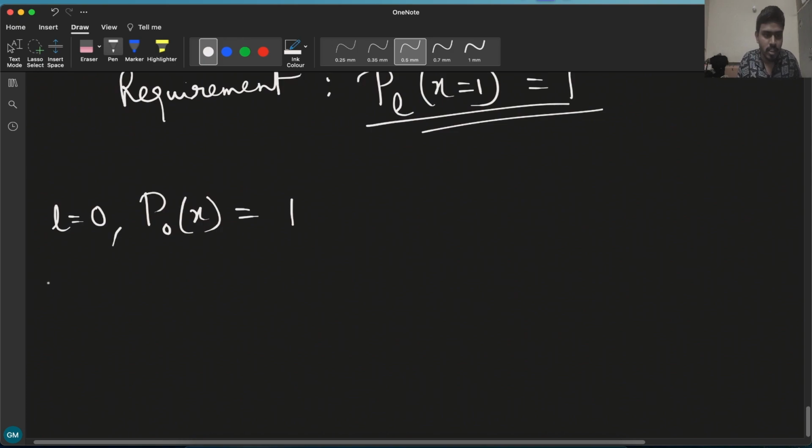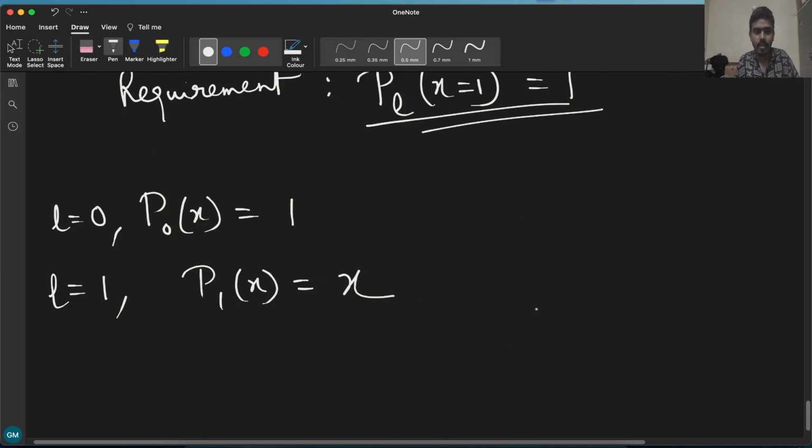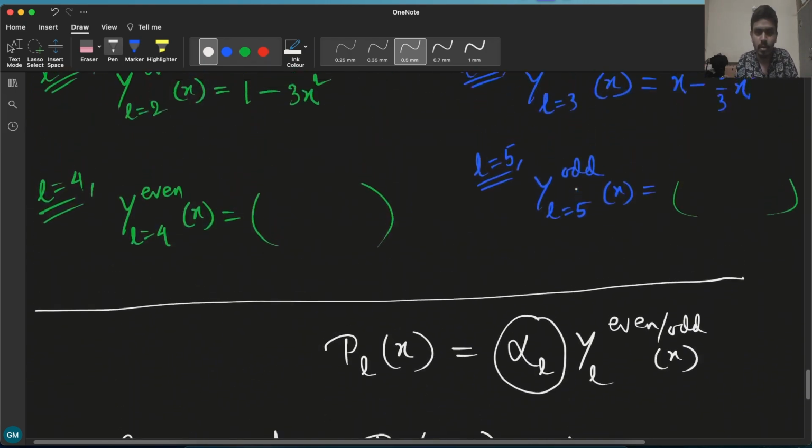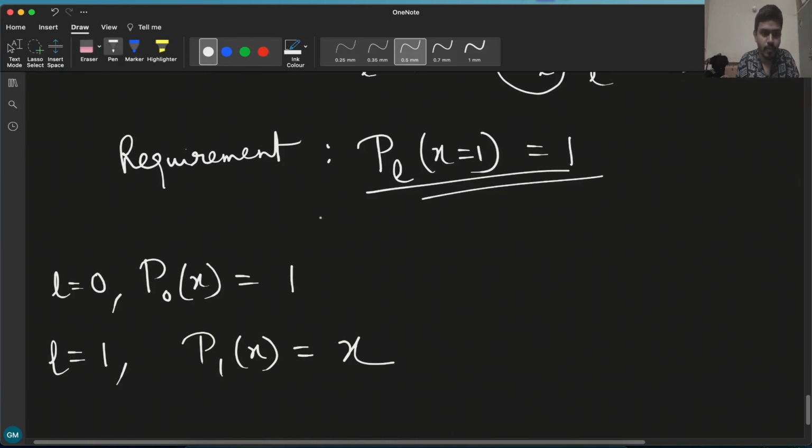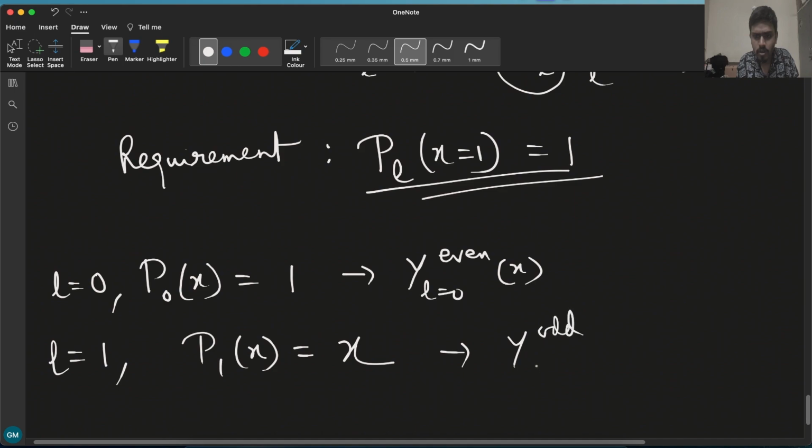Similarly for L equals 1, P1(x) equals x, which is basically y odd L equals 1(x).